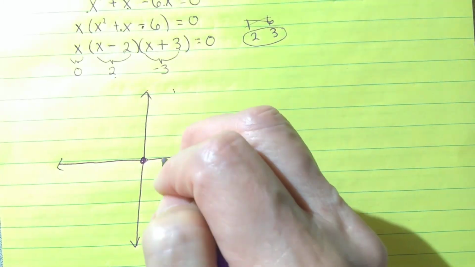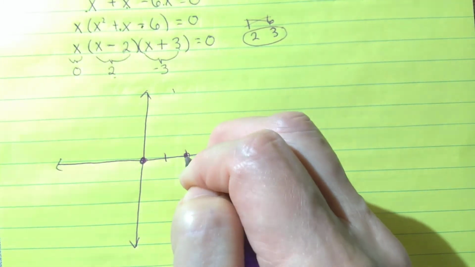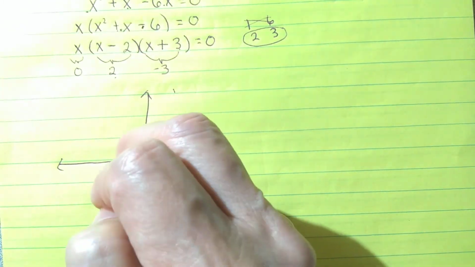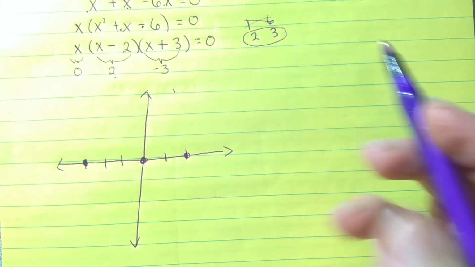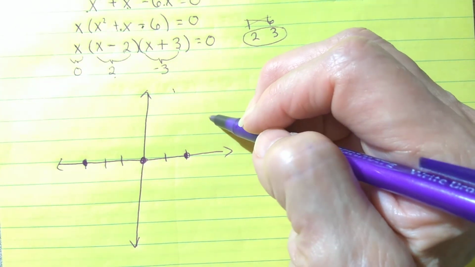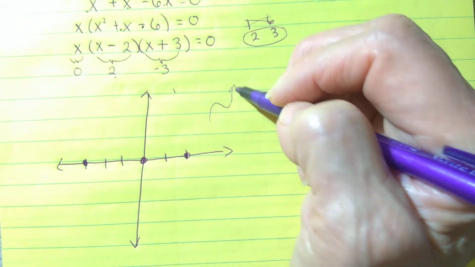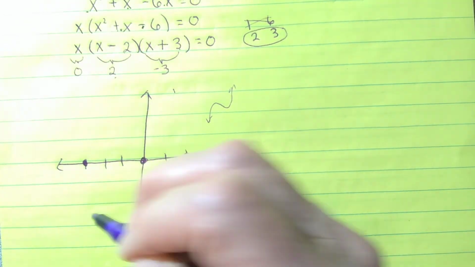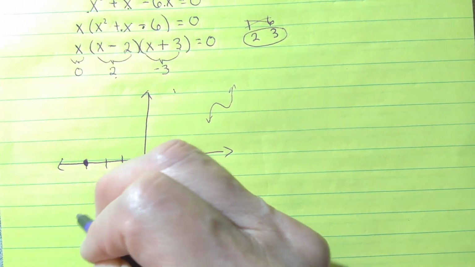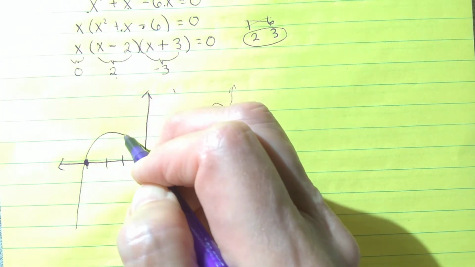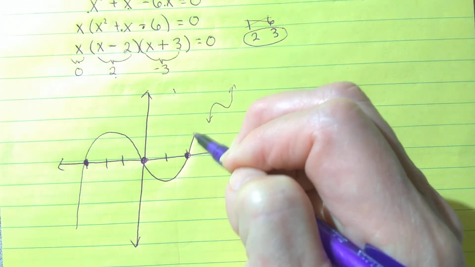I have an x-intercept at 2, and I have an x-intercept at -3. I know that it looks roughly, again, we talked about this already, like this. So connecting those points like that. It goes up and down and up.